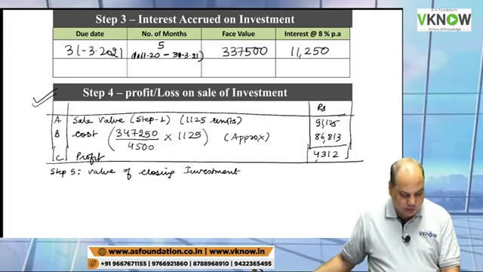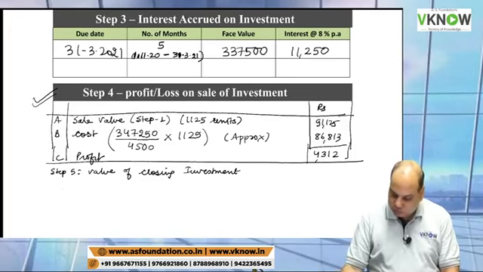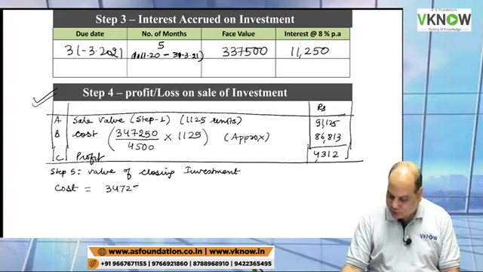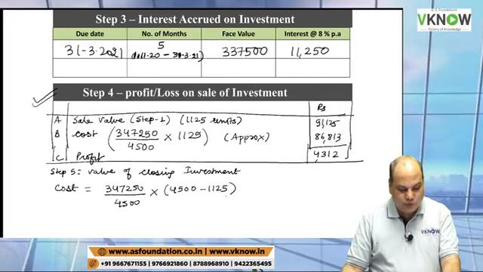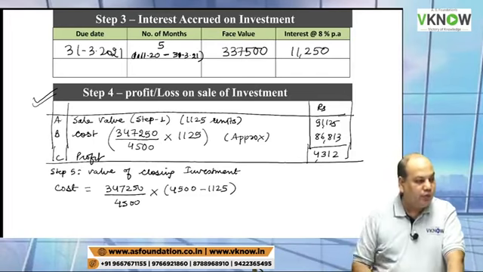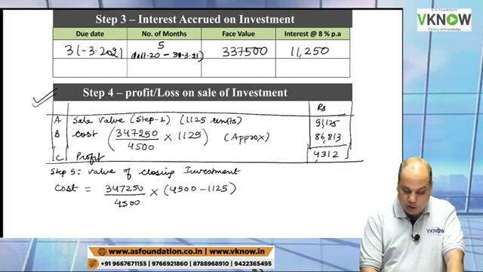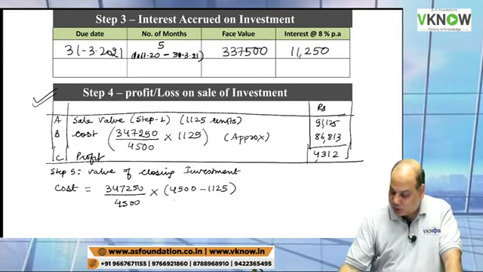So cost will be again the same, 347,250 divided by 4,500 and multiplied by the figure in bracket, the net amount, 3375, since out of 4,500, 1125 we have sold.